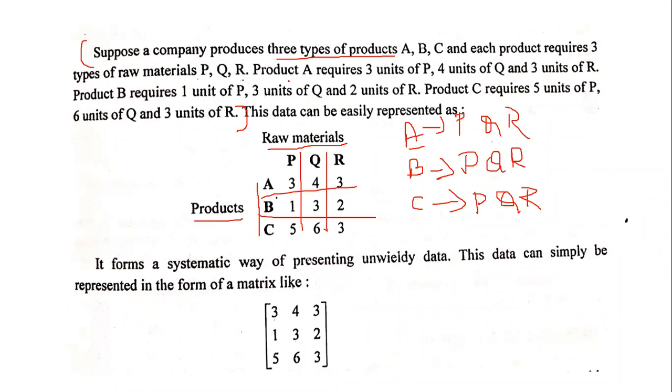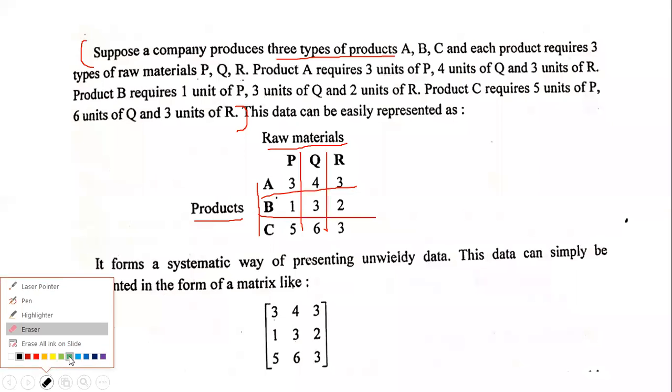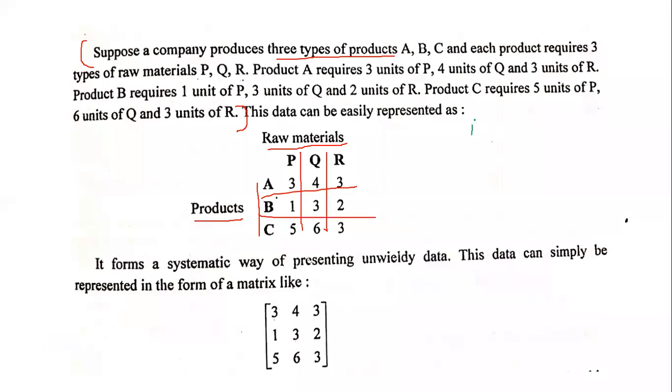Now, read the question and just write the numbers in that particular place. Okay, I will rewrite the matrix here once again. So there are raw materials as columns, that is P, Q and R, and there are rows A, B and C. Now let's read the first one.